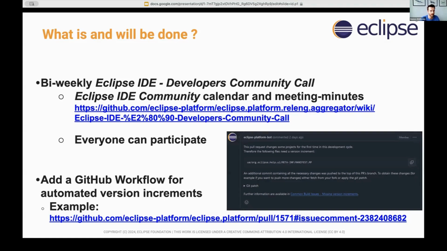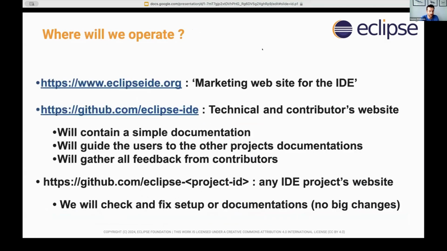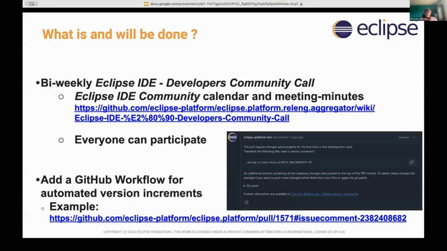So especially in the beginning of a development cycle, you had many failing builds because the build was detecting that this project didn't have its version incremented. This was confusing for people that are not used to this problem, and an annoyance for people that are used to it. And we now have a GitHub workflow installed that automatically increments the version if it is the first change of a project in a development cycle.